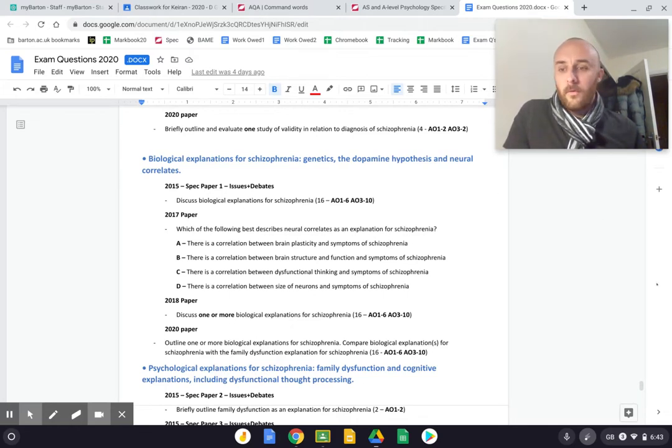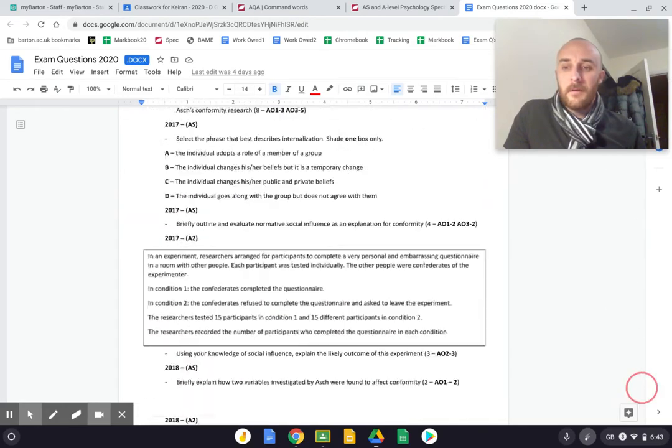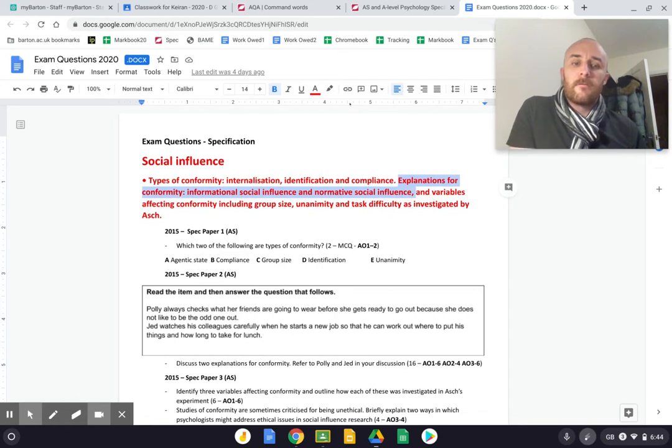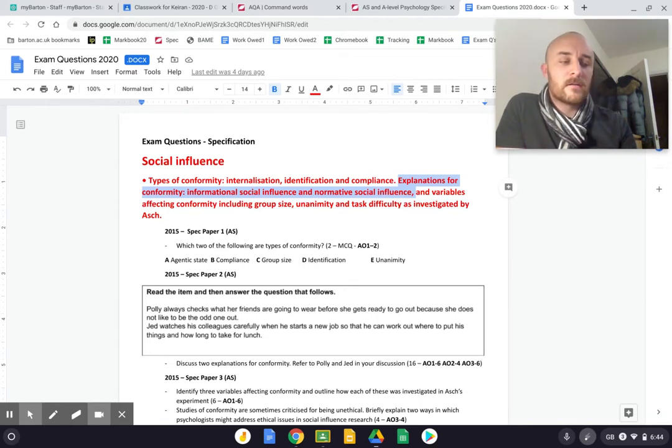And so if we go back to the beginning where you might be a bit familiar, look at this bullet point here and say, right, okay, let's just pretend you got a 6 marker on explanations for conformity, informational social influence and normative social influence, and you were to describe both of those for 6 marks. What terms would you come up with?